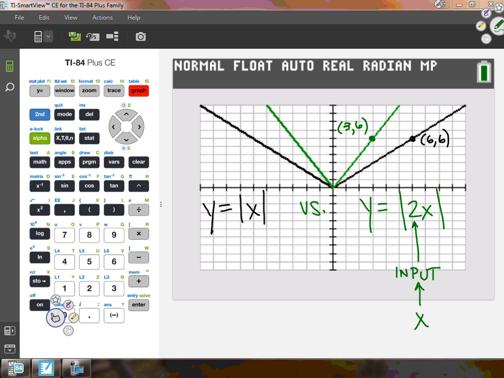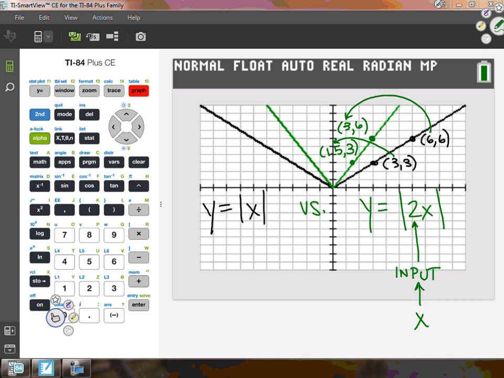So how has the 2 affected the input? How about 3, 3? How is it affected horizontally? Because of the 2, it looks to me like this point is at 1.5 comma 3. So for the x's now, 6 gets cut in half. 3 gets cut in half.